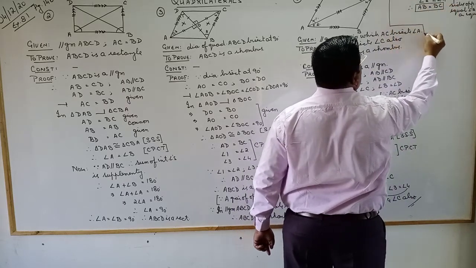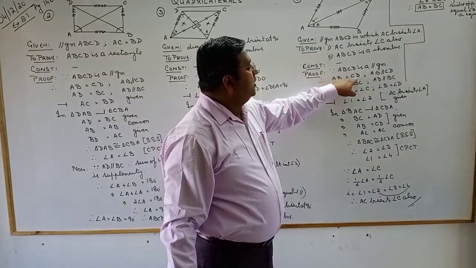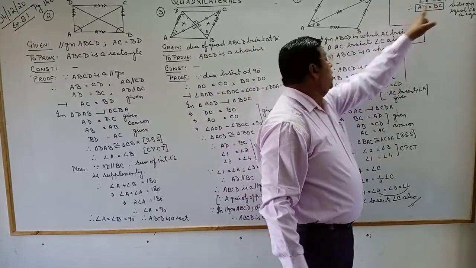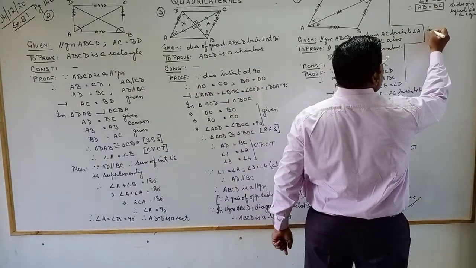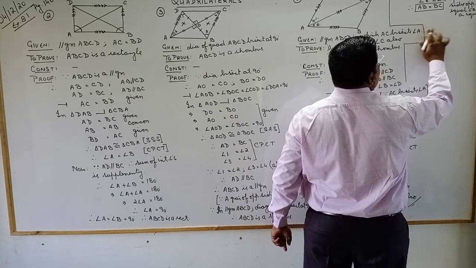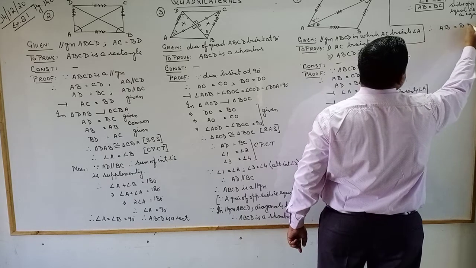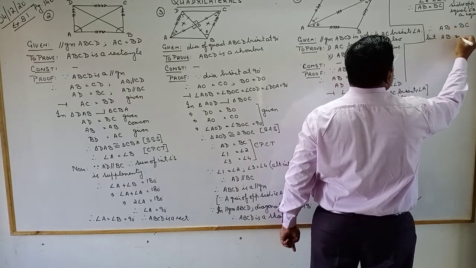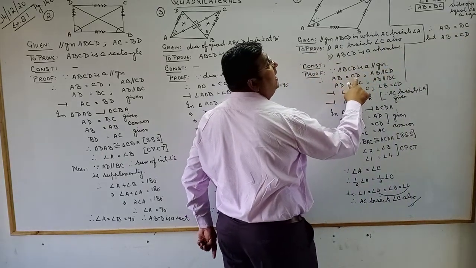So therefore, what do I see? But sir, AB was equal to what? CD. And BC is equal to what? AD. So will all 4 of them be equal? So therefore, AB is equal to BC, but AB is also equal to CD.